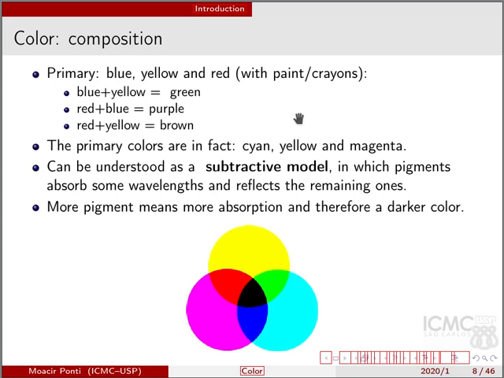This can be understood as a subtractive model, because paint is made of pigments, and the pigments absorb wavelengths and reflect the remaining ones. When we see an object that is yellow, it is actually absorbing all wavelengths but the one respective to yellow. So more pigment means more absorption and therefore a darker color.